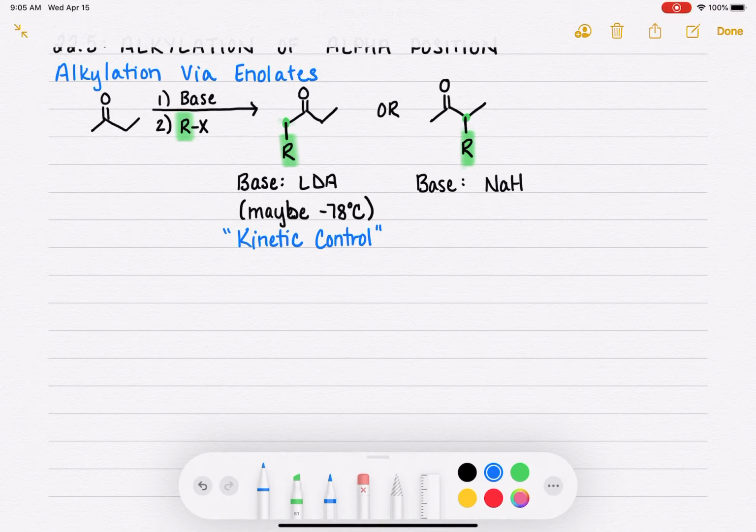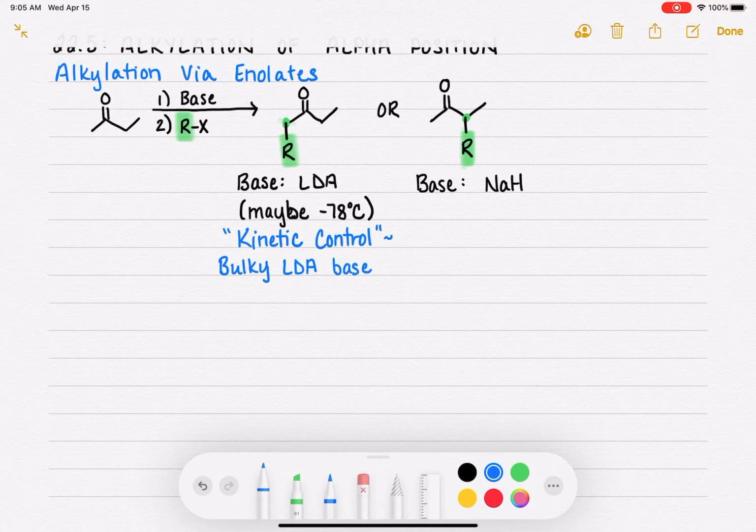If we had the reaction under kinetic control, that meant that we wanted the reaction to happen as quickly as possible. So it produces not necessarily the most stable intermediates or the most stable products.